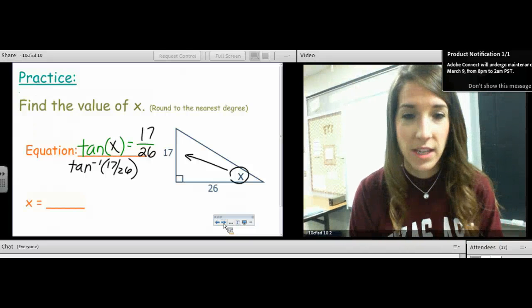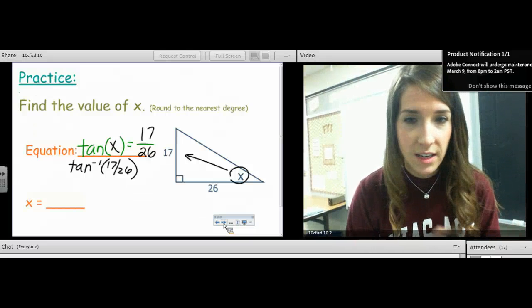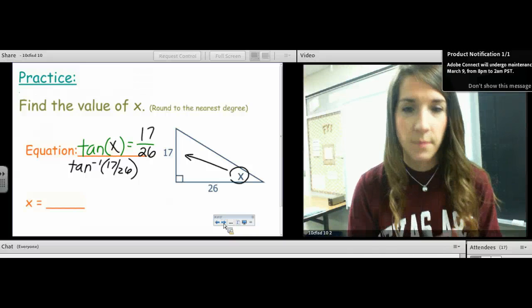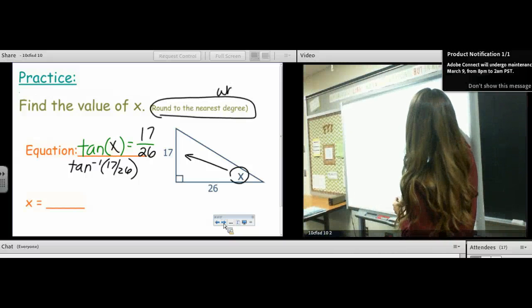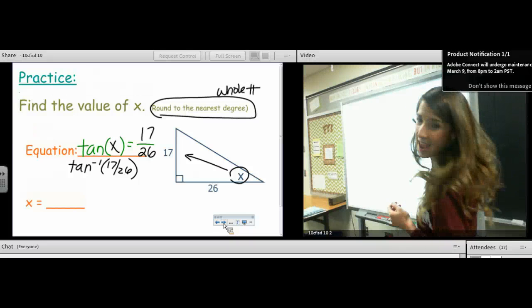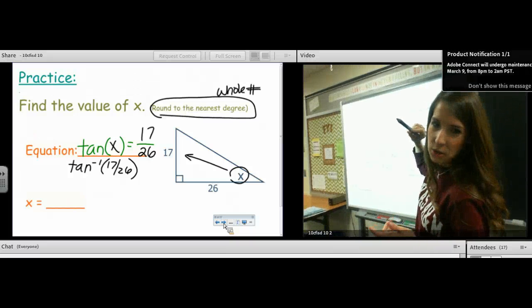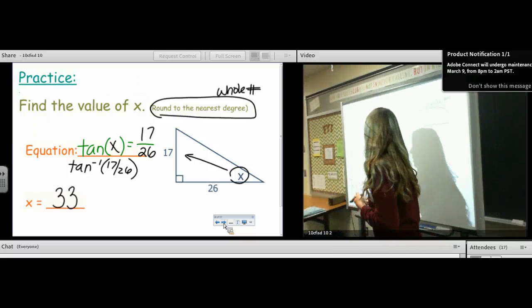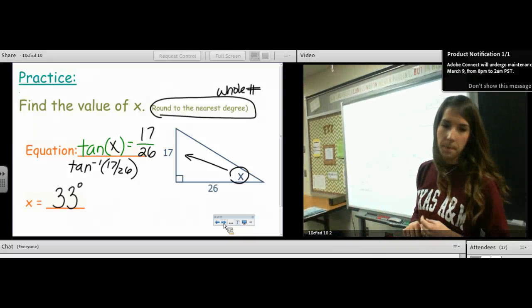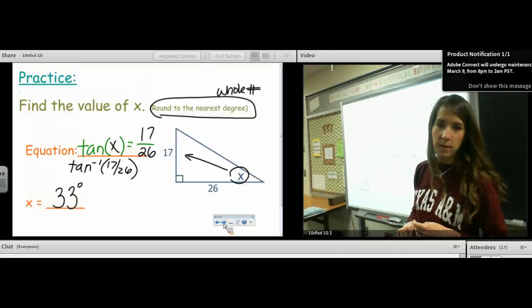So you do inverse tangent because that's the opposite of tan, and it's looking like you're getting 33. It says round to the nearest degree, which is a whole number. Because it's an angle this time, we're treating it differently. We treat angles different than sides. So it's a 33-degree angle. Cool.